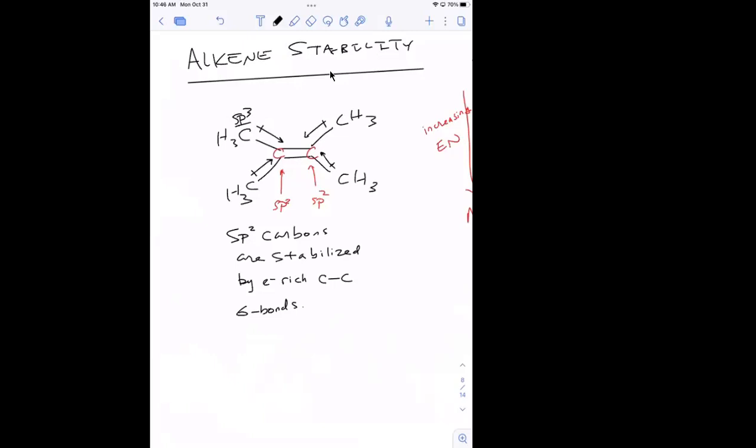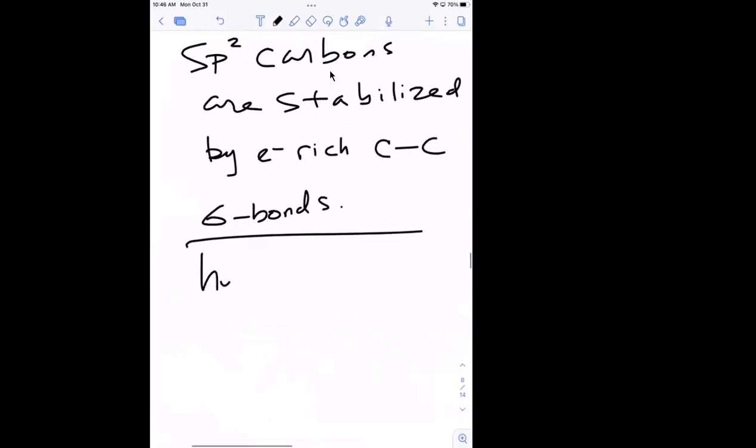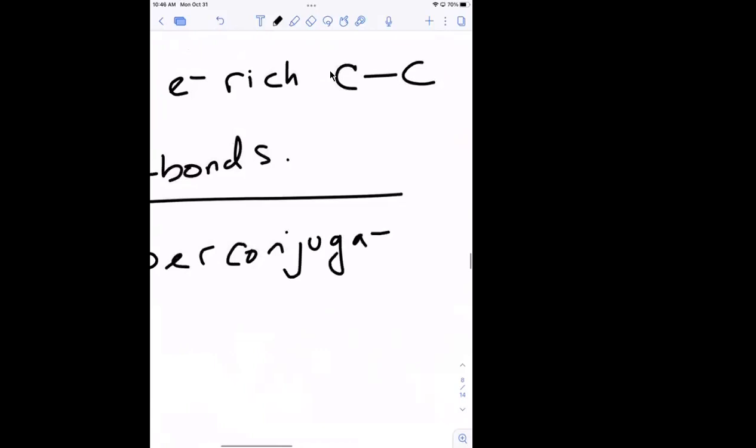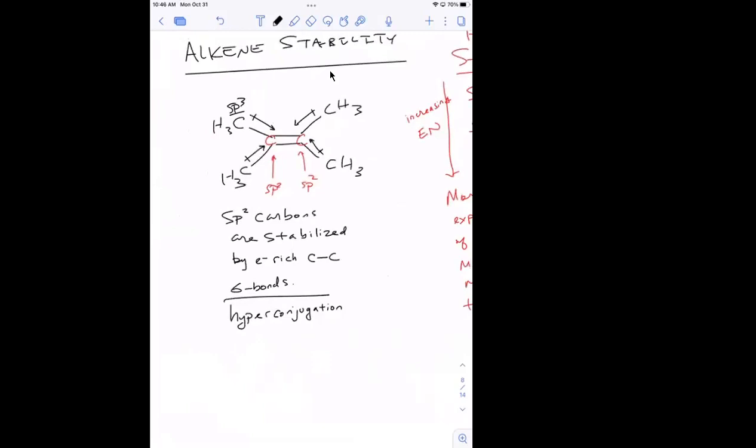The term that we use for that, I think I gave you this term a while back, talking about tertiary, primary, secondary, like that: hyperconjugation. So that electron density is being shifted because of a dipole, and whatever that atom is that's partially positive or fully positive, it gets stabilized by that.